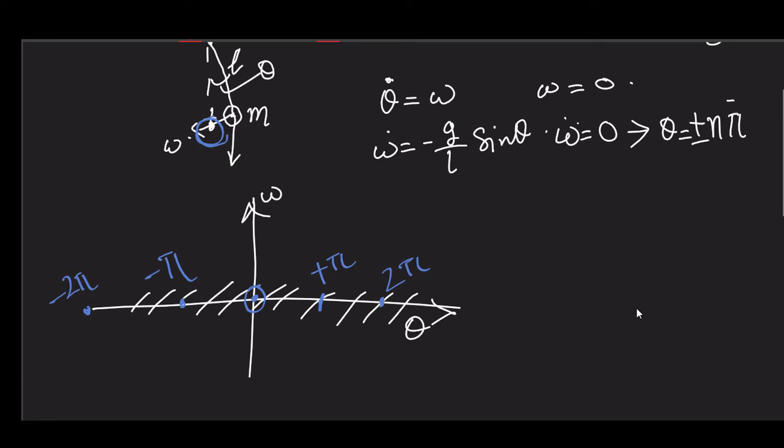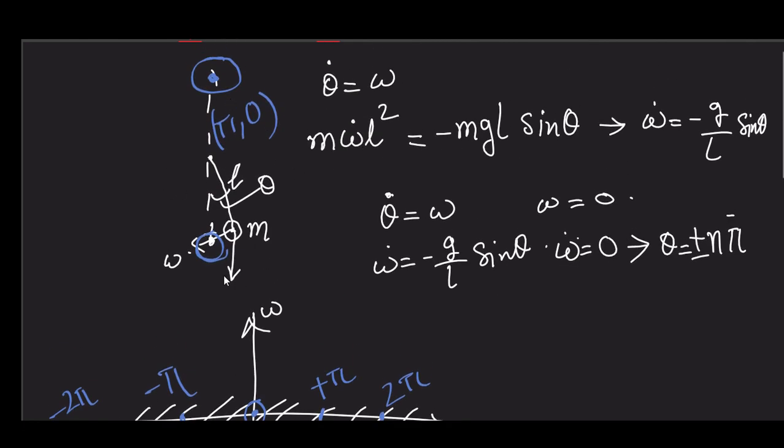So your system has multiple equilibrium points. Typically we can isolate two points, because all the even multiples of pi, like 2 pi and minus 2 pi, overlap on theta equal to 0, and all the odd multiples overlap on the vertical upright position. So it is meaningless to carry out several analyses; whatever analysis is true for these two holds.